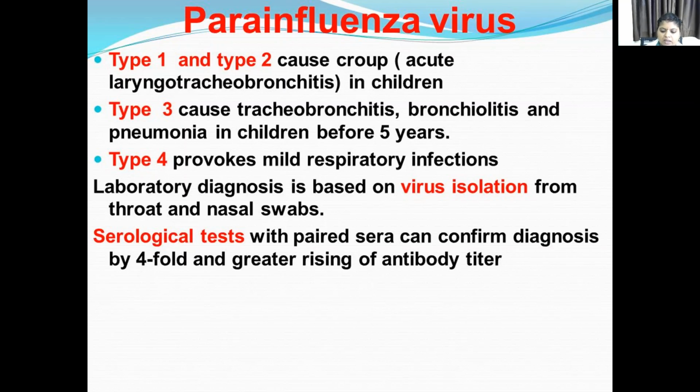Serological diagnosis can be obtained by using paired sera, where you will see, if the person has a parainfluenza virus, a fourfold rise of the titer of the antibodies between acute and convalescent sera, which we can take as a confirmatory diagnosis.